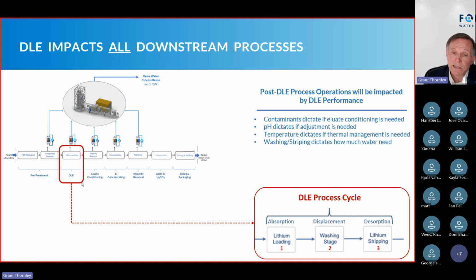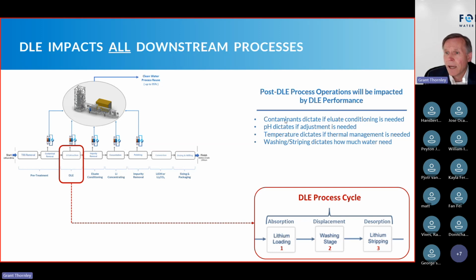The objective is that I want to produce an eluate that has no contaminants. It's not going to happen as of yet with the technology that we have, but what you're trying to do is minimize any contaminants, because that improves the efficiencies, the OPEX and CAPEX downstream.